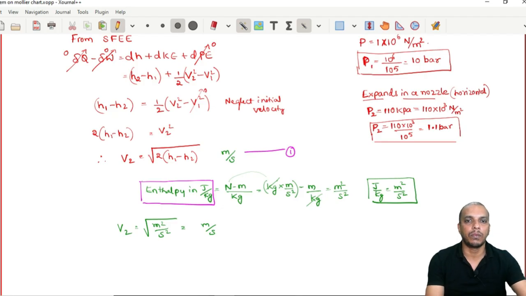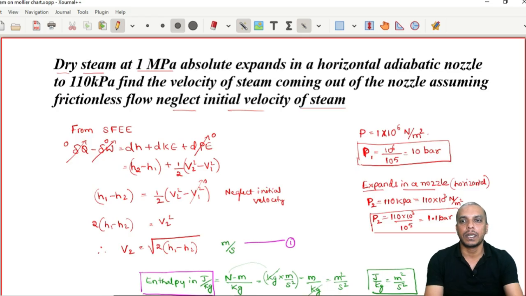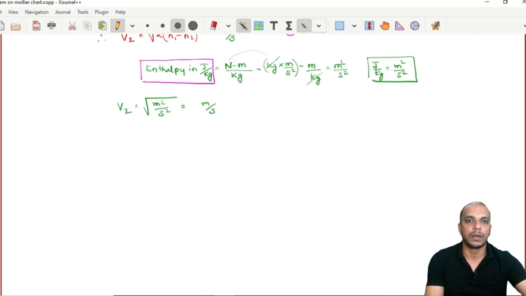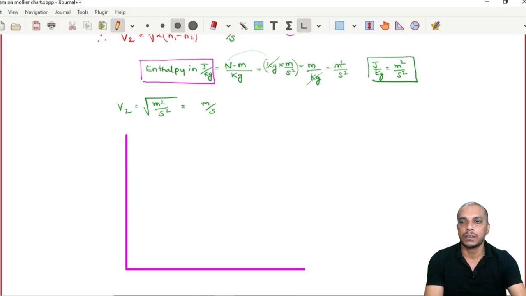Now let us go to the Mollier chart. At 10 bar, he has told that it is dry steam. Dry steam at 1 megapascal, that means at 10 bar it is dry steam. Now let us have a quick recall on what we know about the HS plot, which is the Mollier diagram. An HS plot is an enthalpy versus entropy plot.